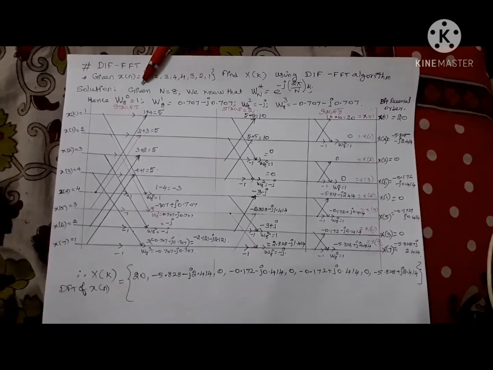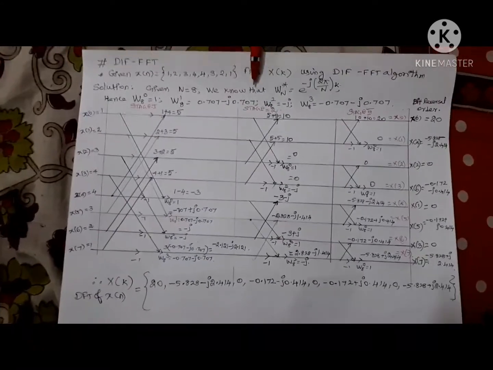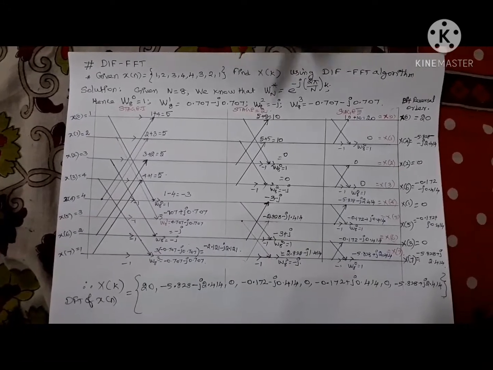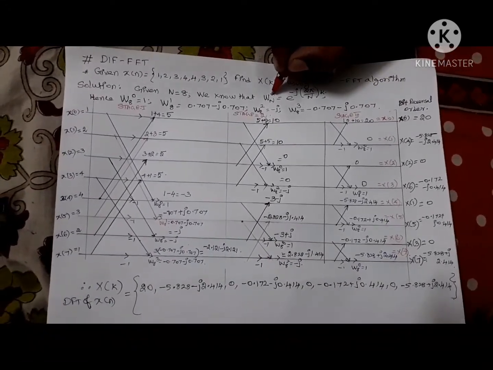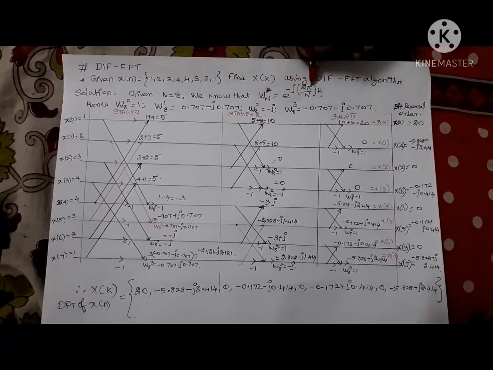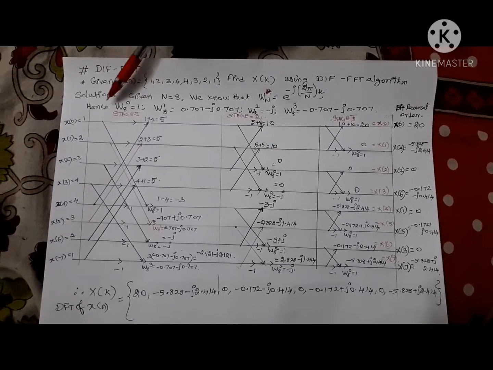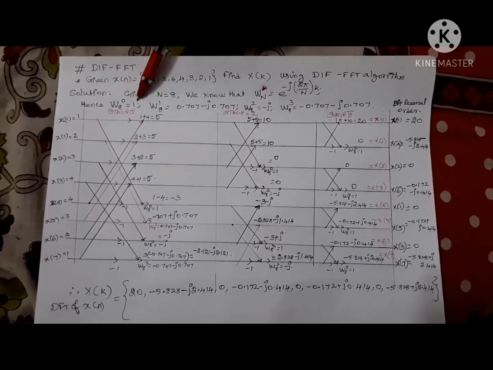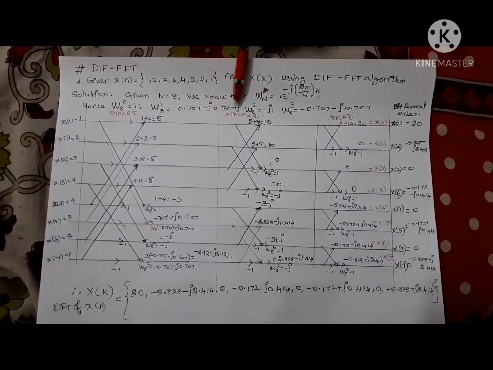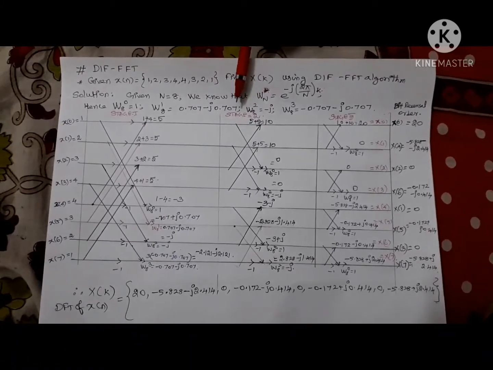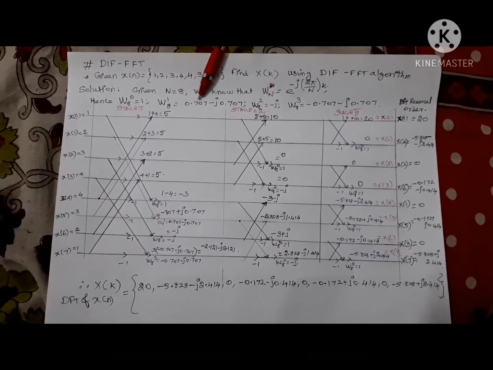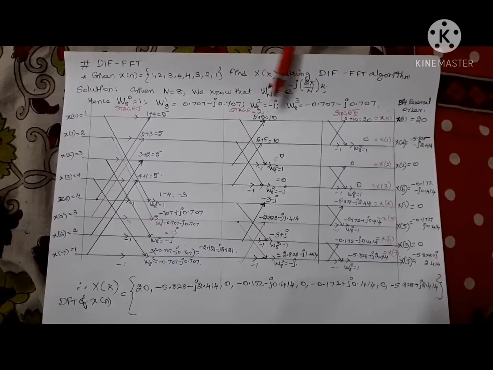For the solution we must write the given capital N equal to 8. We know that the twiddle factor is e power minus j 2 pi r by N, where r is written here. So W n power r equals e power minus j 2 pi r by N. Hence we know that W8 power 0 equals 1, W8 power 1 equals 0.707 minus j 0.707, or 1 by root 2.